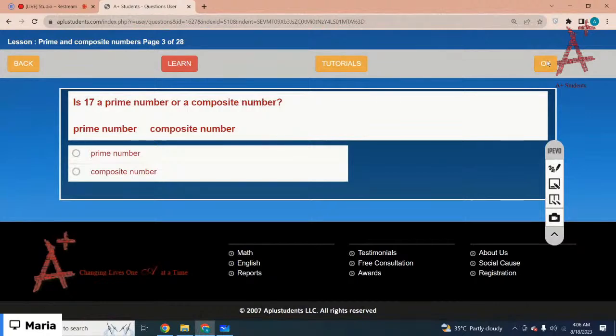Which is the correct option? 17 times 1 is 17. Only 2 factors for 17, right? So yes, 17 is a prime number.